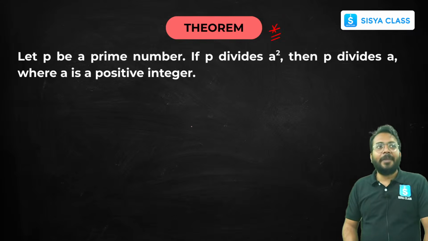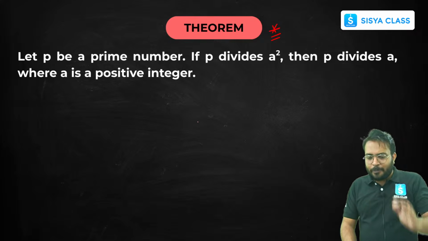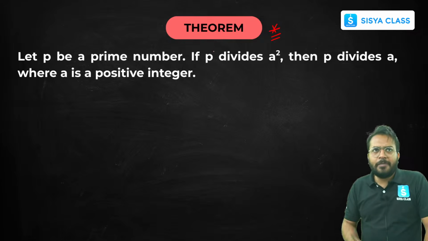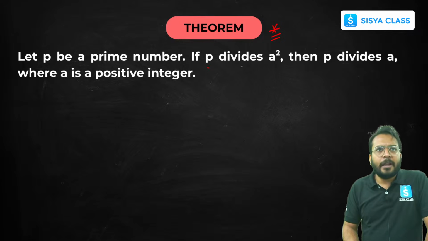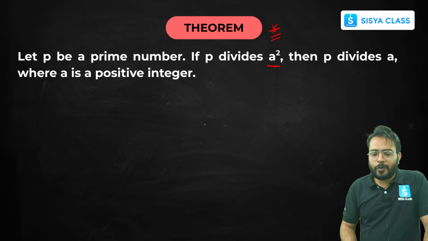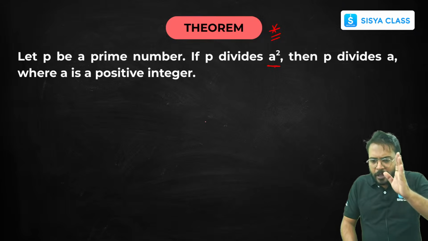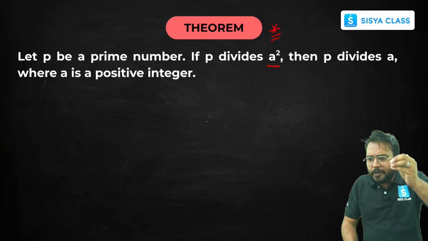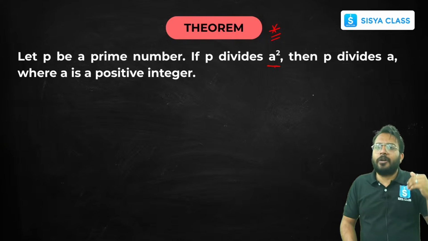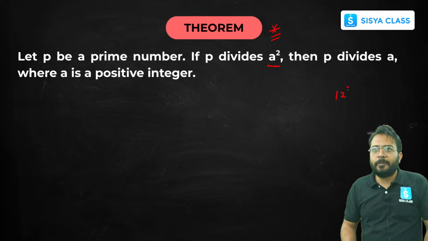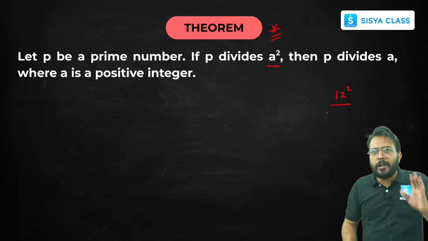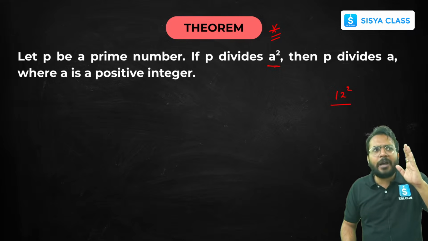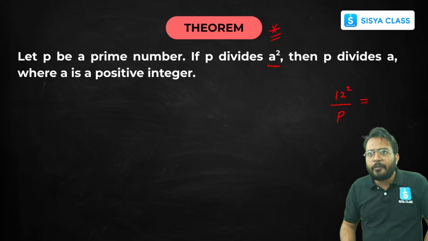So if p is a prime number, and if p divides a square, if you are having any number, suppose you are having 12 square, and 12 square is divisible by any prime number p, then definitely 12 will also be divisible by p.